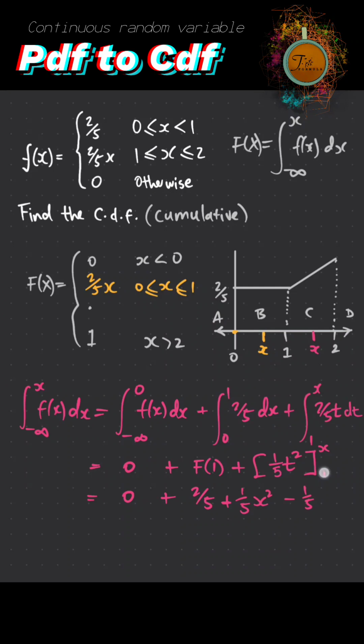And this is where I think a lot of the problems come, because we forget this bit here is going to interact with the 2/5 that just came. One last check before we carry on. Yeah. And so tidying that up, we get 1/5 x squared and 1/5 again.